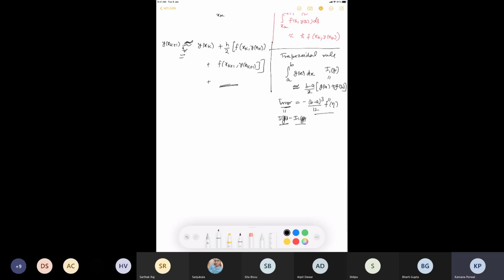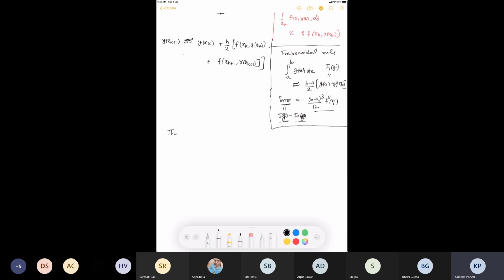First of all, let's write down what the modified Euler's method is. We are going to use this relation to obtain the modified Euler's method. This is also called Euler's trapezoidal method, for the same reason that we are using the trapezoidal rule here.